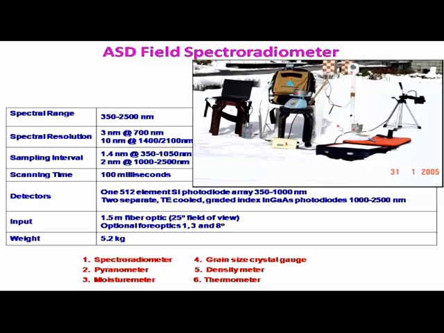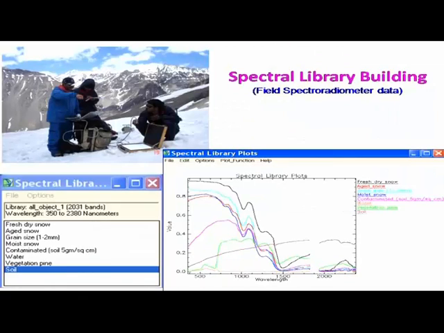I want to say that all this ancillary information should be collected whenever you perform this collection of signatures. Then we tried to develop this spectral library of the different types of snow: fresh snow, old snow, with varying grain size, moisture, contamination, and so on.